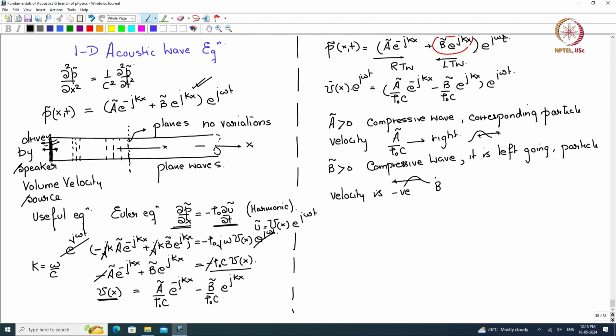It's this positive number b tilde by rho 0 c with a minus. That's what is shown over here. So that's how the pressure and particle velocity appear in a 1D acoustic wave.